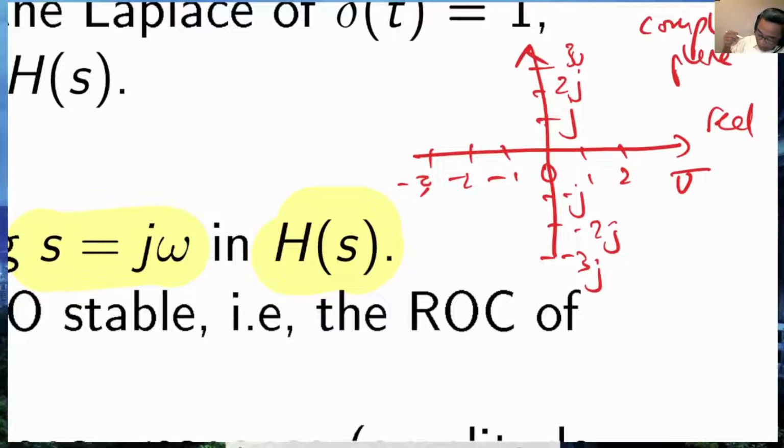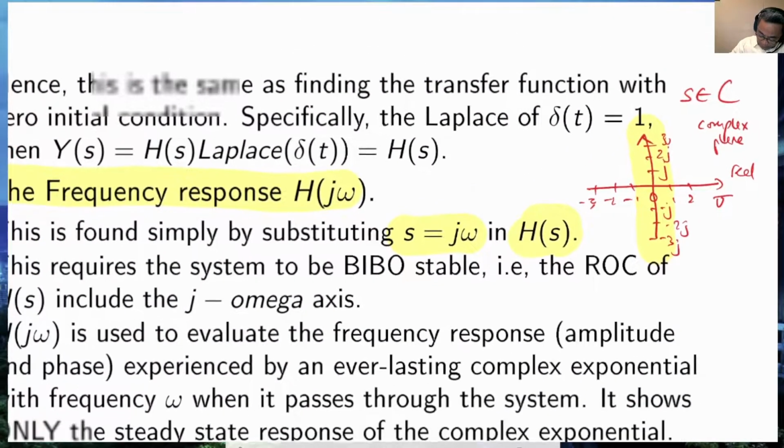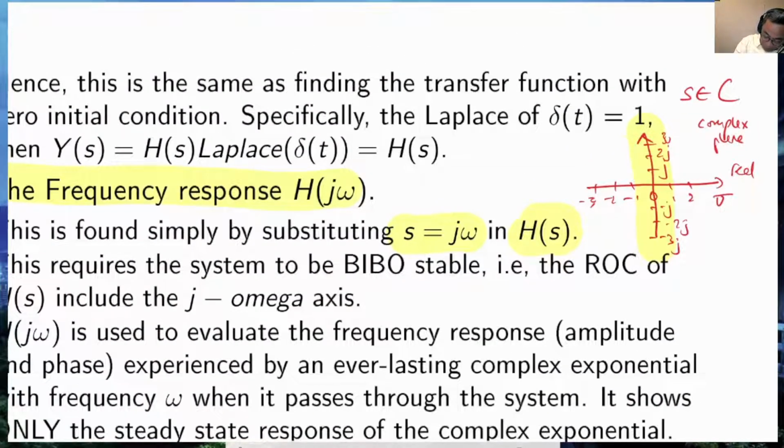When we set sigma equals to 0, we are interested in only this line, the line of complex numbers stretching from minus infinity to infinity. So when we say that we are evaluating H(s) for sigma equals 0 and the entire j omega, we are evaluating along this line in the s plane.